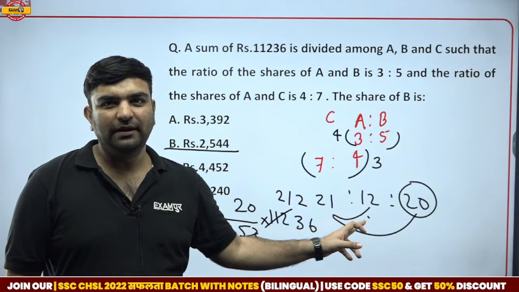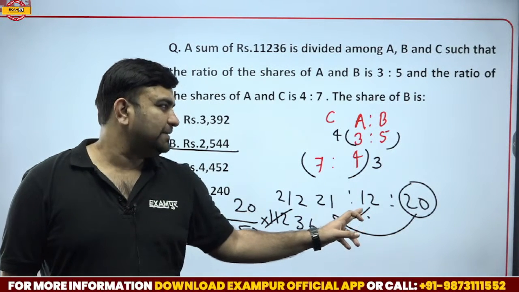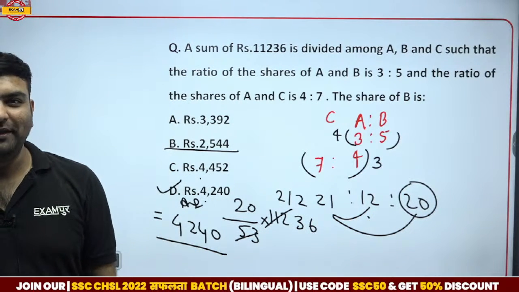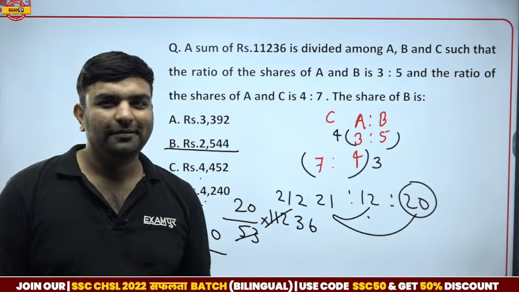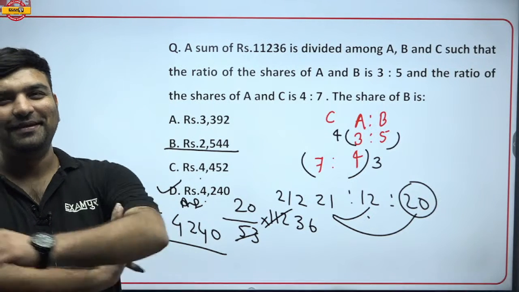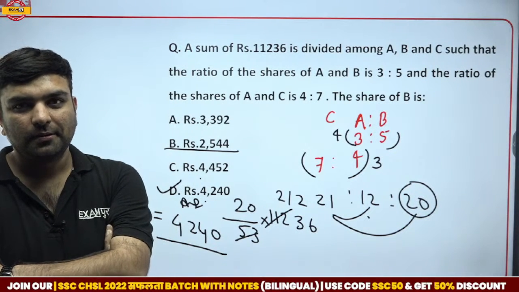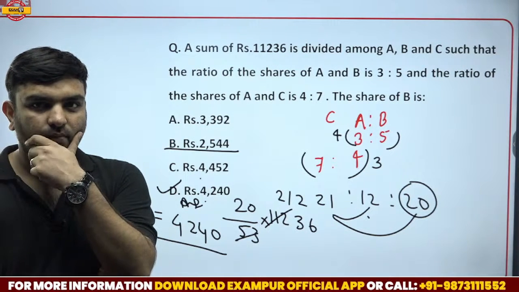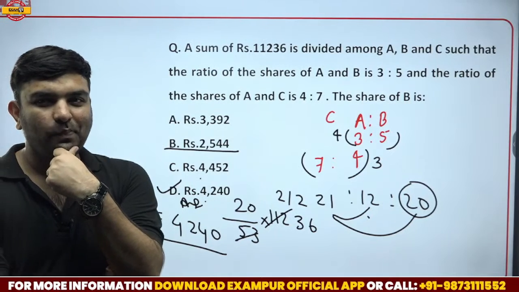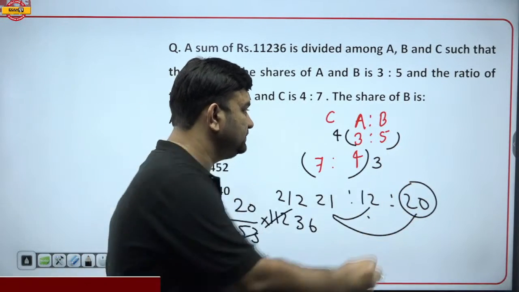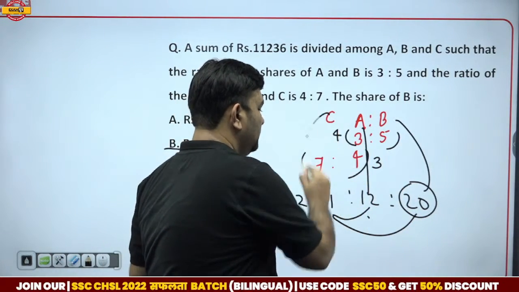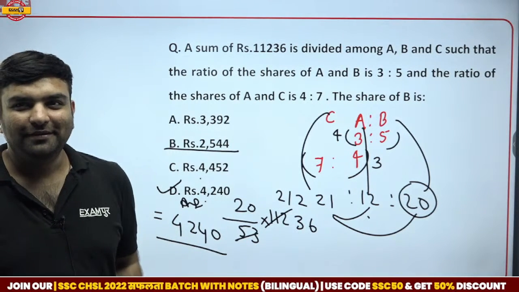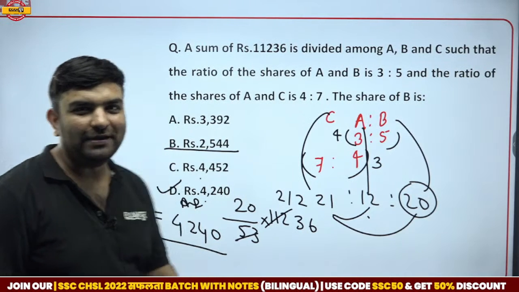Only this is the possibility, that some of you might be taking 12 as B. Otherwise, I cannot think of any other point. B is this. The middle value is not always B.